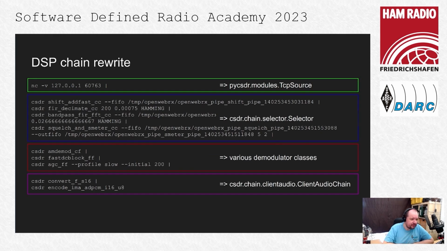The blue box is basically nothing more than the selection and bandpass to filter out, like if you have an SDR device, your SDR device is providing you with a full spectrum bandwidth of 2 megahertz, 10 megahertz, depends on the device.